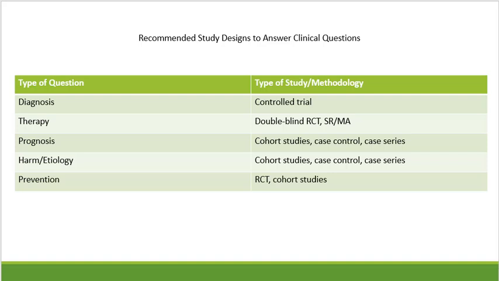Last year, I would say the majority of students in the Doctor of Medical Science program looked at therapy-related questions. And so with a therapy-related question, ideally, you are looking at a double-blind randomized controlled trial or exploring systematic reviews with meta-analyses.